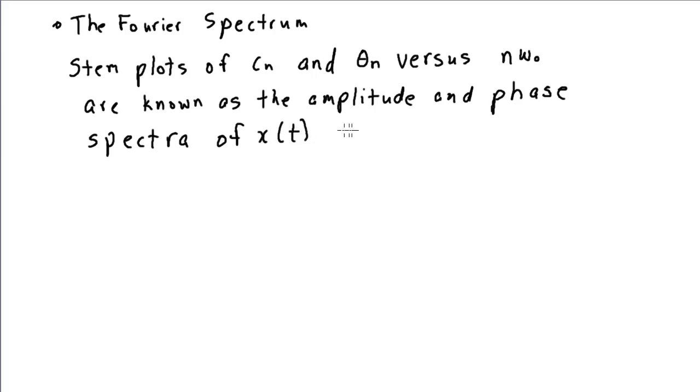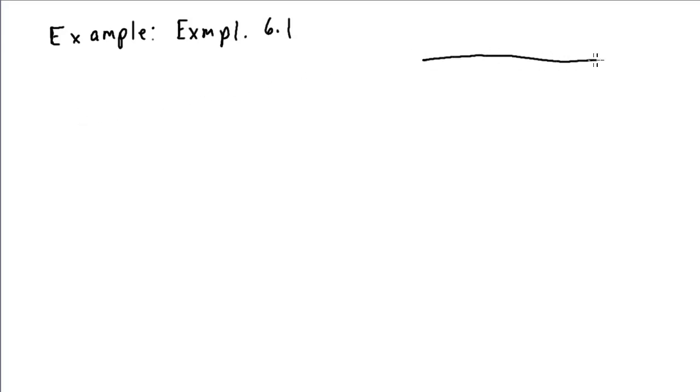So let's look at an example now of calculating the Fourier series and sketching the spectra. This is example 6.1 from your textbook, where we're given the following signal, x of t.